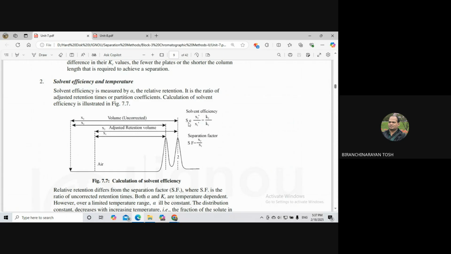So solvent efficiency will be equal to x2 prime upon x1 prime, which is k2 upon k1. So separation factor will be equal to x2 by x1, and this is the adjusted one for air. So x2 prime by x1 prime.